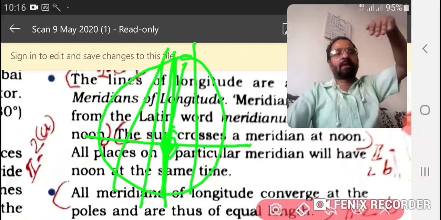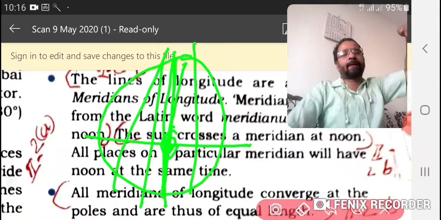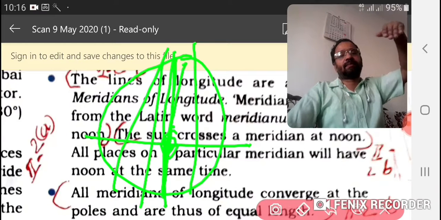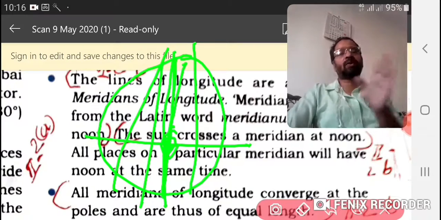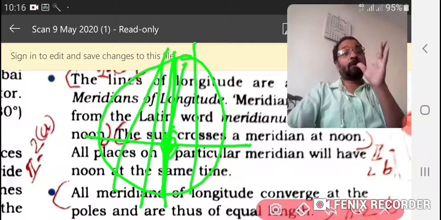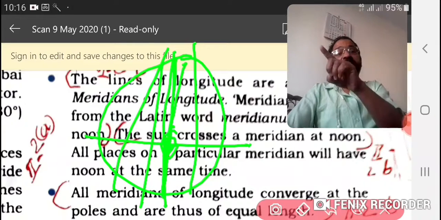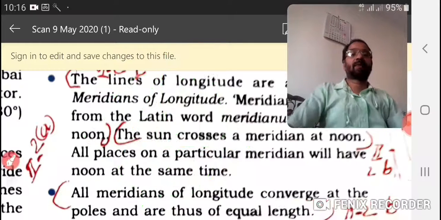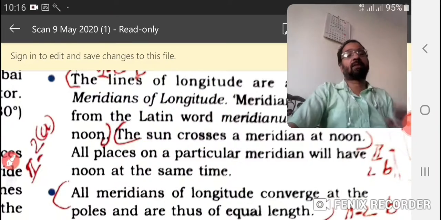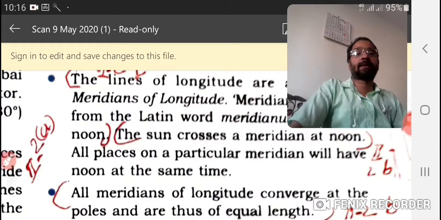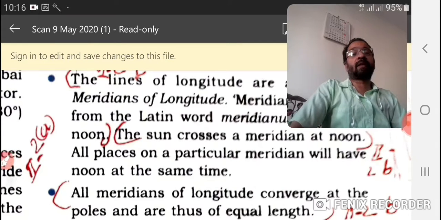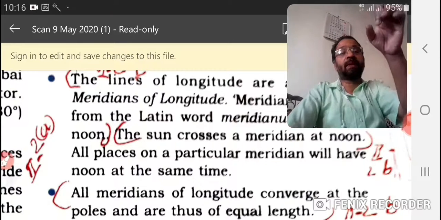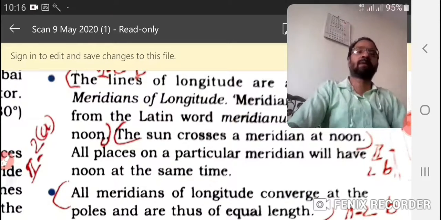Then slowly it starts to move eastward, according to the earth's rotation. Wherever the sun passes, whichever meridian it crosses, all those places get noon at the same time.